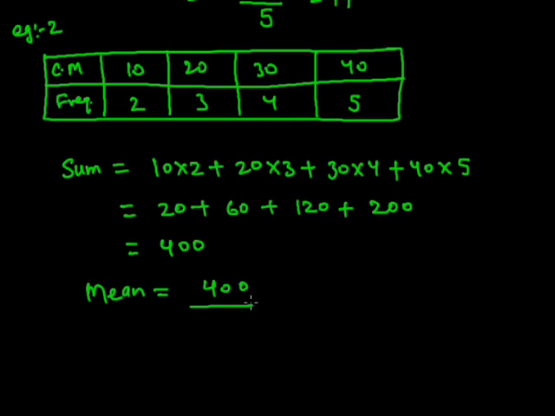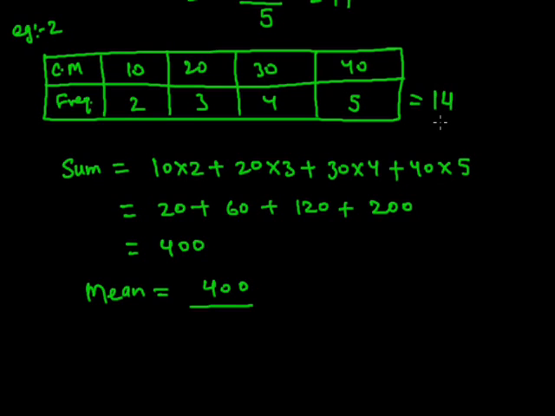Now how to find the number of observations? As you can see in the data, 10 is appearing 2 times, 20 is 3 times, 30 is 4 times and 40 is 5 times. So it means this whole data will give us the number of observations. For finding the number of observations, we need to take the sum of frequency. If we take the sum of frequency, that is 2 plus 3 plus 4 plus 5, we will get 14.